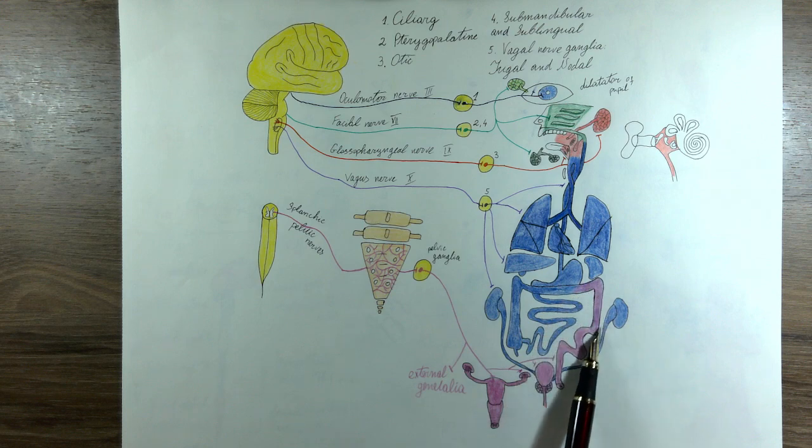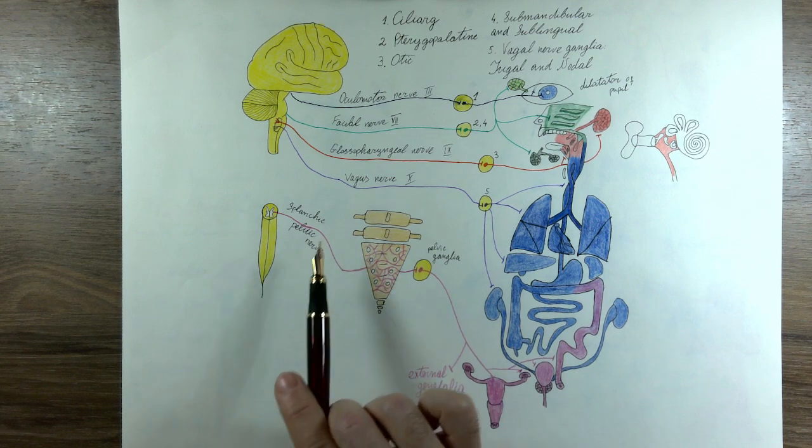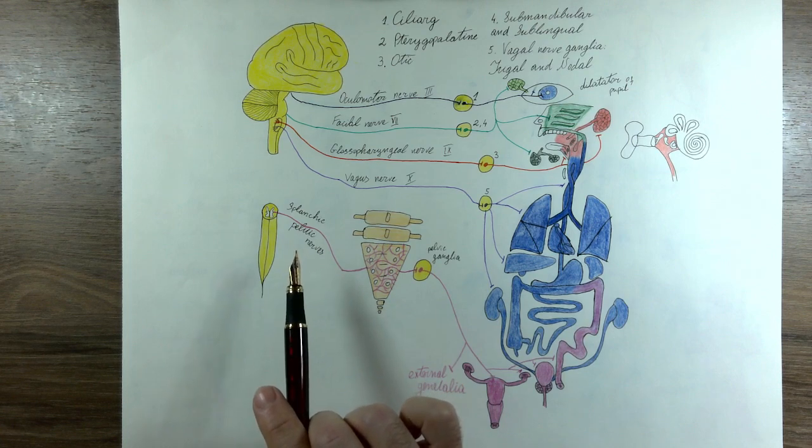From here down, the innervation is taken on by the pelvic portion, by the sacral portion of the parasympathetic system.